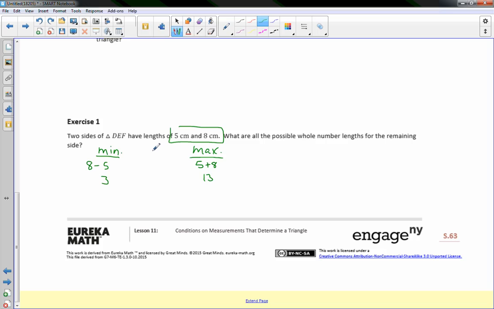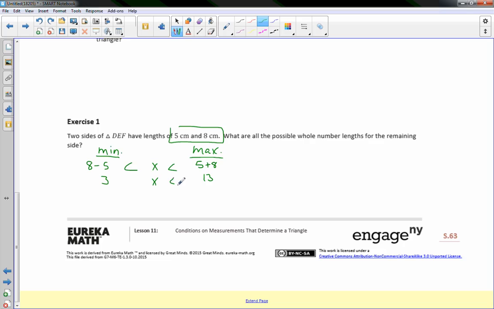So the third side, I'm going to call it X, and I don't want to use the angle symbol because of my inequalities. I'm just going to say X has to be less than this sum but greater than the difference.